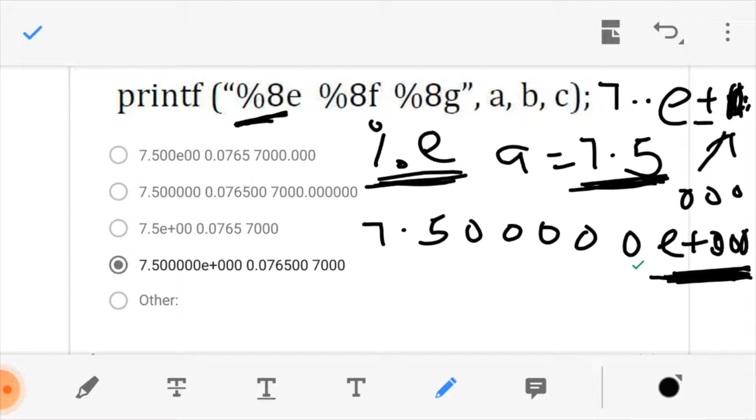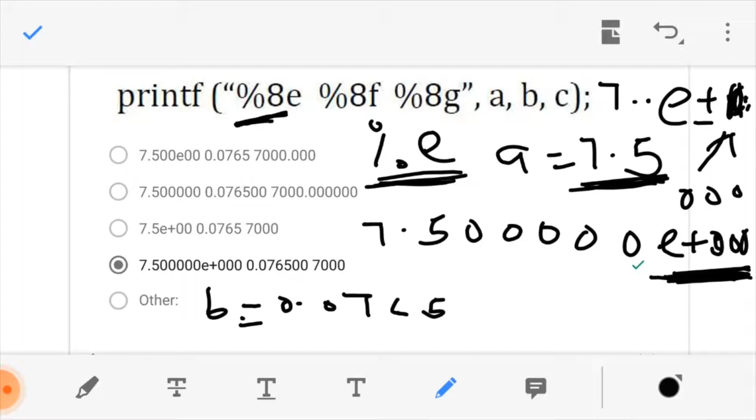Okay, so let's go to percentage F. Now B was initialized as 0.0765. When we place B inside our floating point here, we haven't been given any precisional decimal places, so we'll go with our default ones.